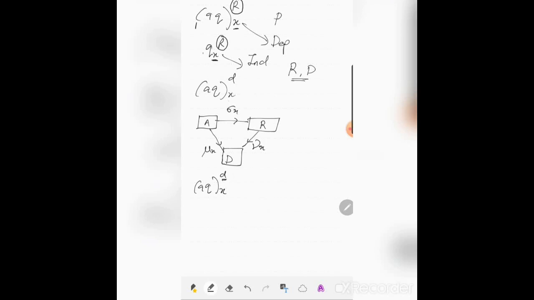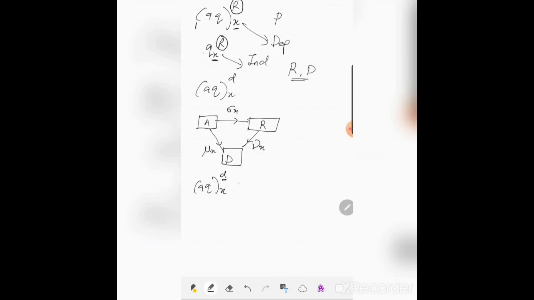Now if I'm saying AQXD, I can very well say that the probability of a person who is age X, who's currently in an active state, within a year, via the decrement of death, is the same as the probability of death in one year's time.